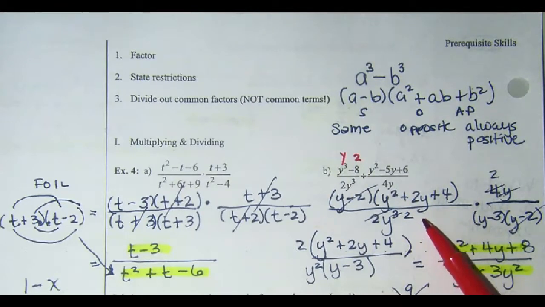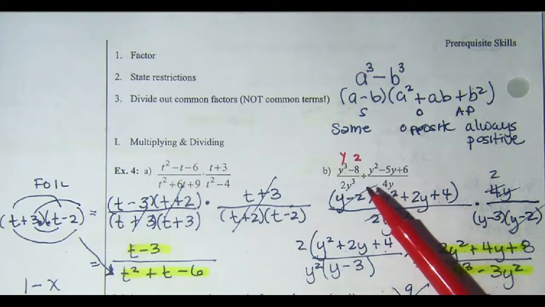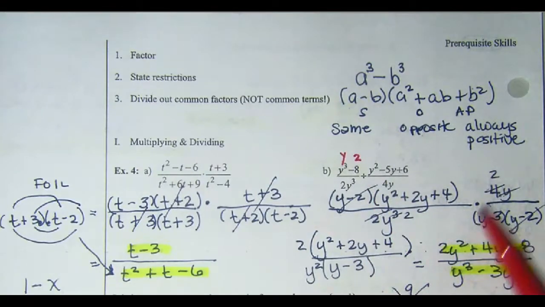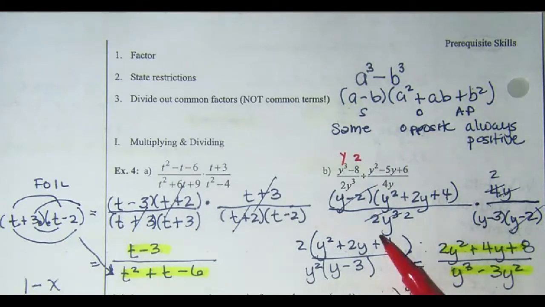Looking at this, because of the divide, it's keep it, flip it, and then change it to multiply. So you keep, flip, change, and then you just start canceling. Notice that this 2 is going to cancel with this 4 and become a 2 that's left. And then if this is y cubed, one of those y's cancels, so it's y squared with that y.